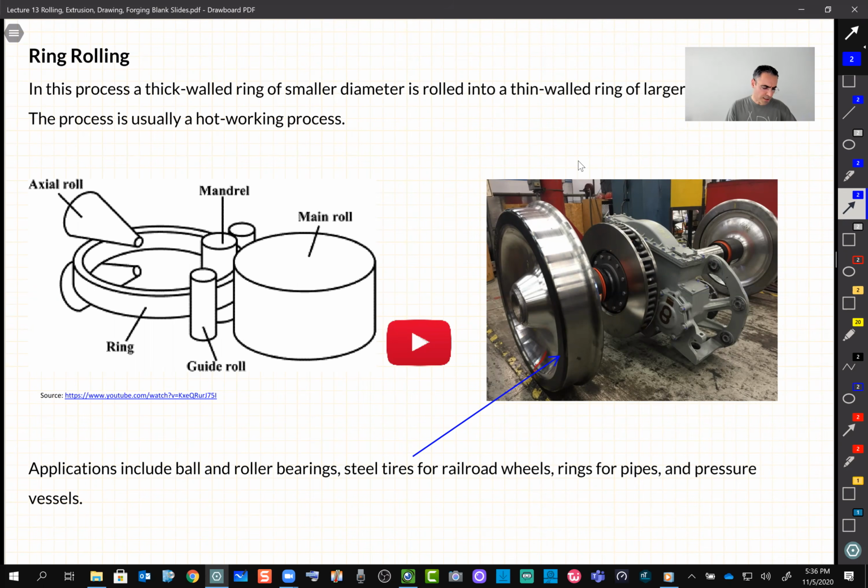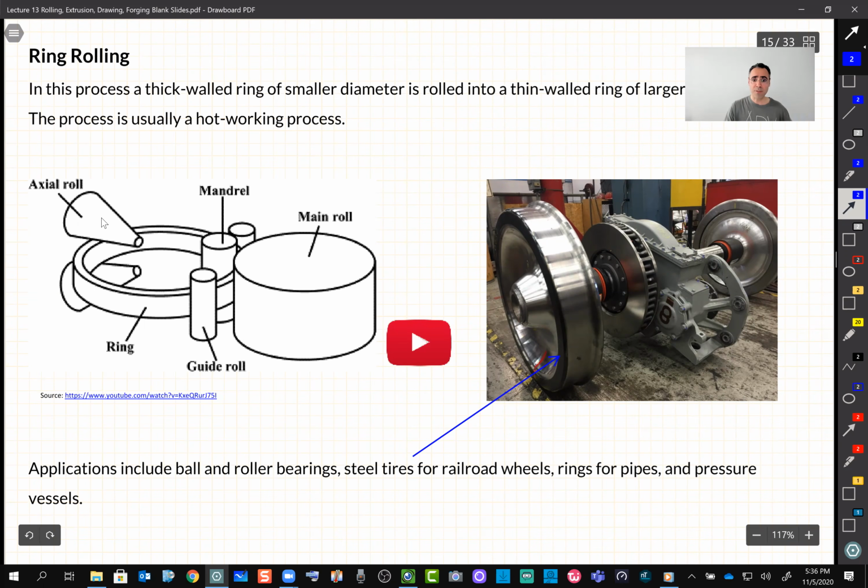So the ring rolling, I posted a video which you were supposed to watch before, but the whole idea is we have the main roll here as I showed in this schematic. We have the mandrel, and we squeeze the ring between the inner cylinder or inner roll and the outer roll, the main roll and the mandrel.